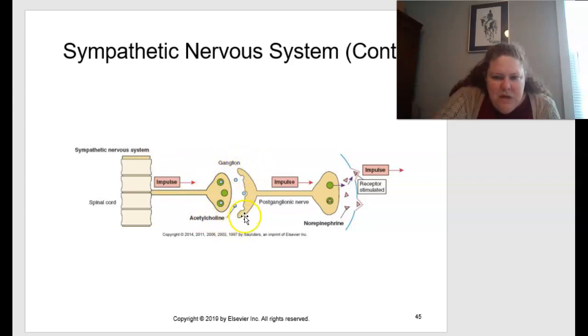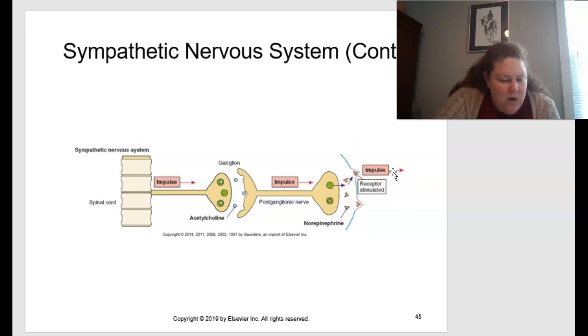That's the neurotransmitter, and it's going to transmit the signal to the postganglionic nerve. The impulse continues to travel down, and that causes the release of norepinephrine. And then this norepinephrine is going to be joining with the receptor, therefore generating an impulse.